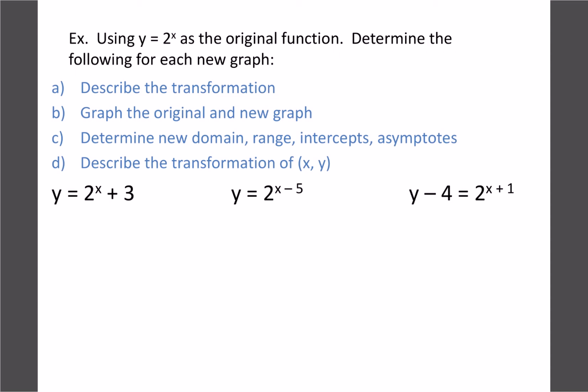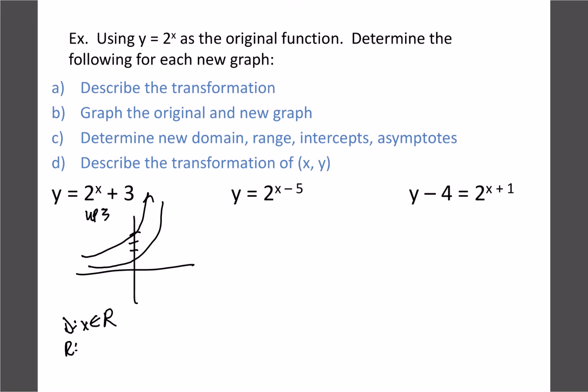Let's go through some examples. In this case, we want to know what the transformation would be. We're going up 3. In terms of a graph, it would just be our regular graph, but now we're going to move it up 3, so it would be something like that. What's key to remember is our original domain was x ∈ R. It's still going to be x ∈ R. That doesn't change. Our range originally was greater than 0, but if we go up 3, it's now going to be greater than 3.